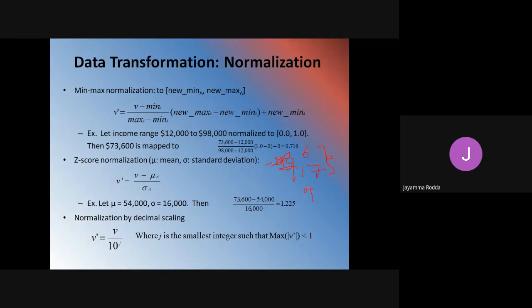So the maximum absolute value is supposed to be 986. Consider that. In order to apply the normalization by decimal scaling, we know how many points the decimal scaling has to be done depends on the maximum absolute value. So I am telling you this is the maximum absolute value, 986.